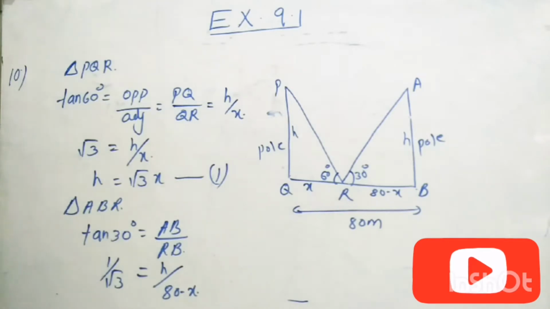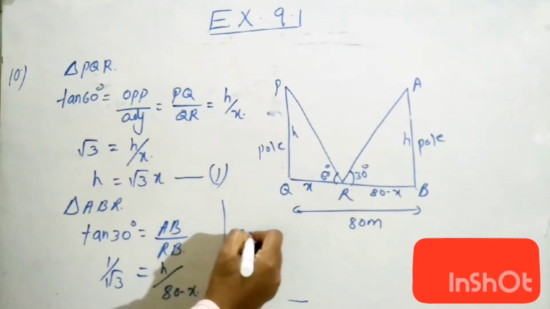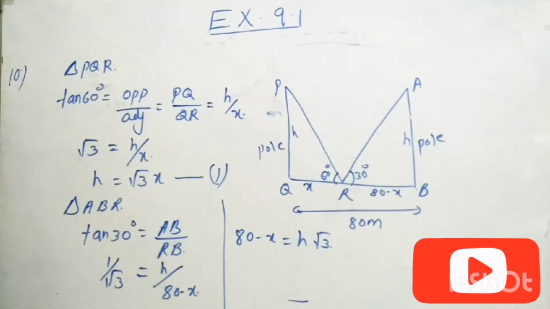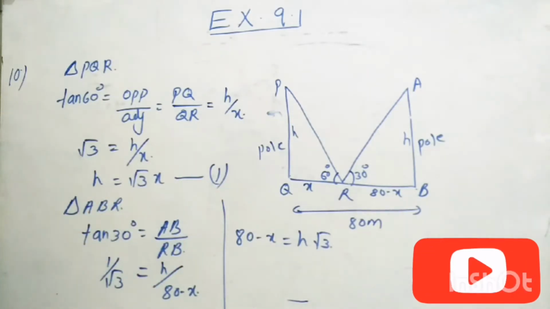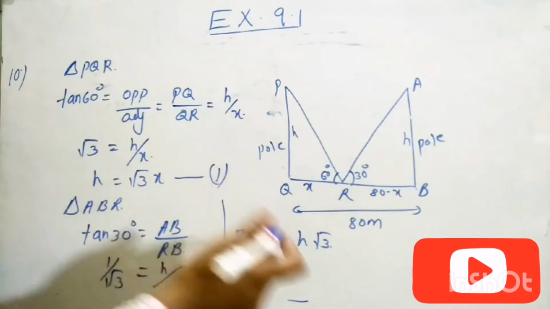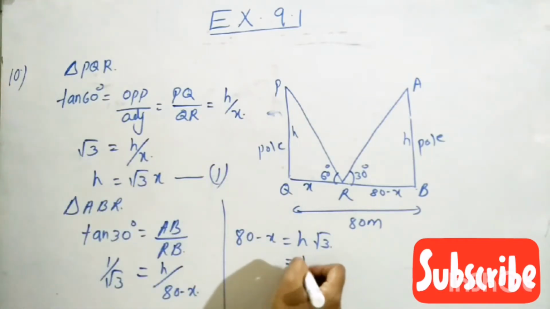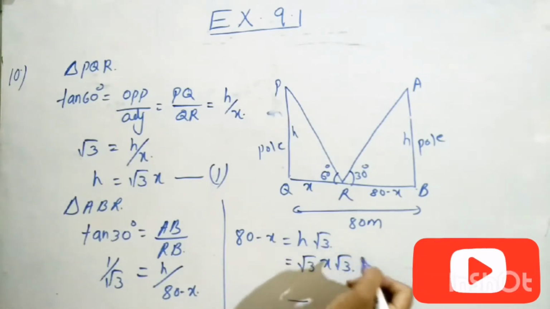Now just do the cross multiplication and we will get 80 minus X is equal to H root 3. And from equation number 1, we can write the value of H, that is root 3 X. So just substitute that value, root 3 X, into H root 3.